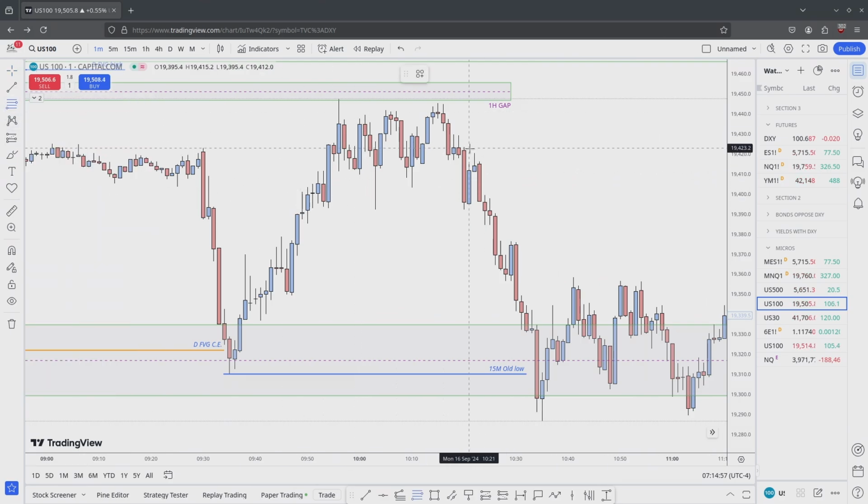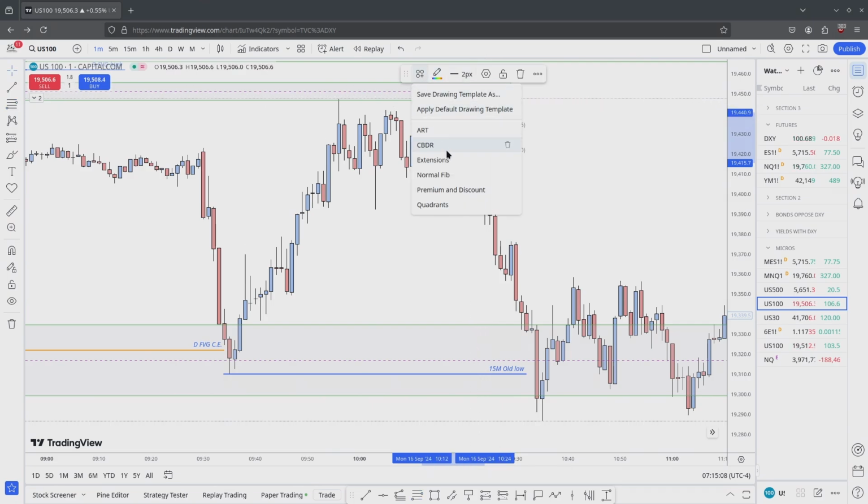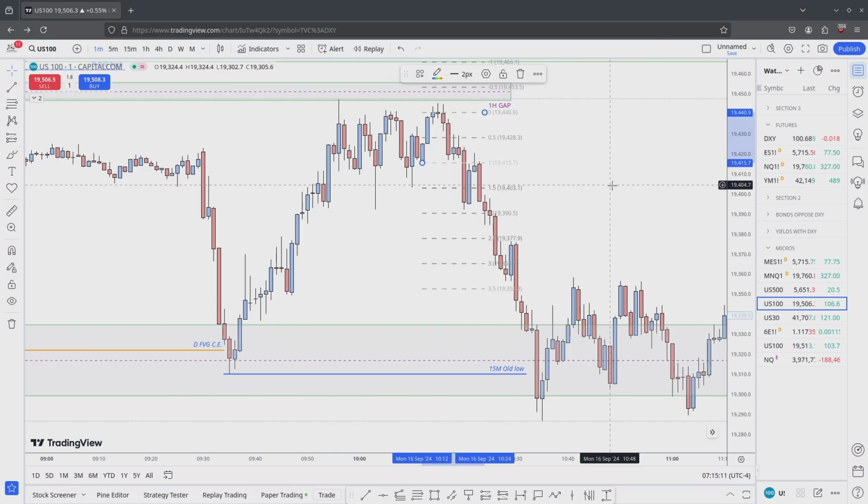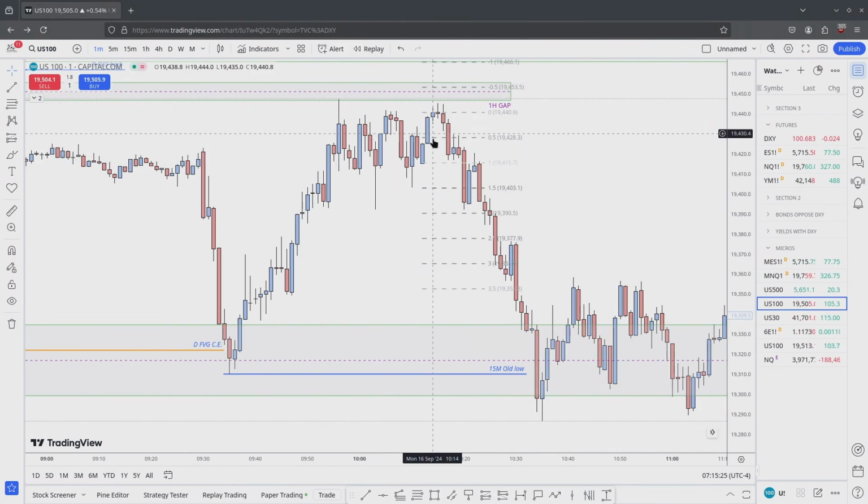Another thing that you could do, see if my tool is going to work with me today. I could look at this swing. What swing is this? This is the swing that took out the buy stops resting above here. It's the manipulation.